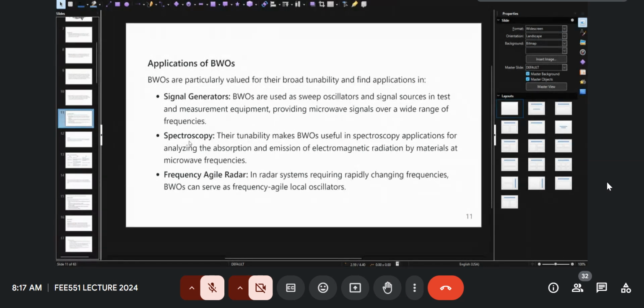It's also used in spectroscopy, for analyzing the absorption and emission of EM radiation by materials, and also in frequency agile radar, where we have rapidly changing frequencies, and the BWOs serve as frequency agile local oscillators.